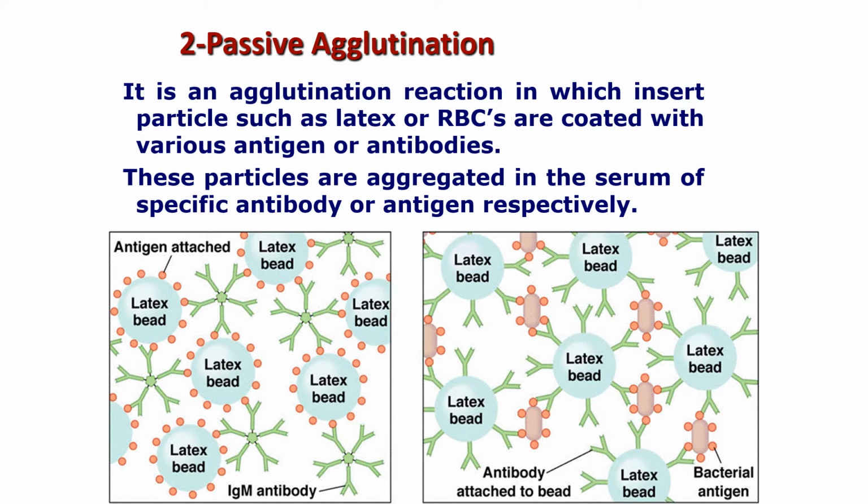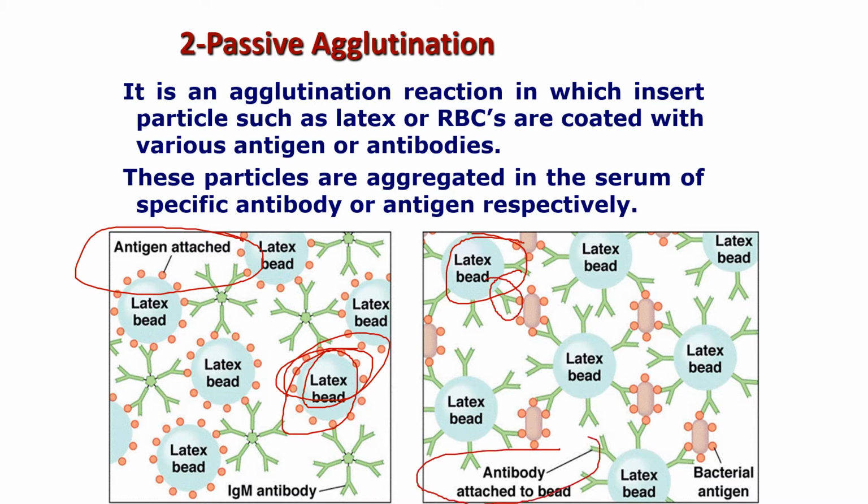So here, as you can see, we have latex beads. These latex beads are coated with antigen attached. Okay. Here in the other photo, we have latex beads coated with what?